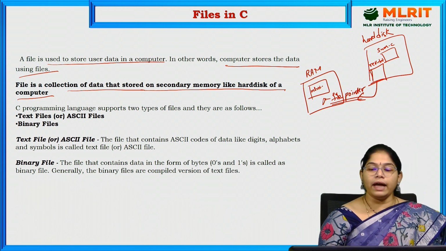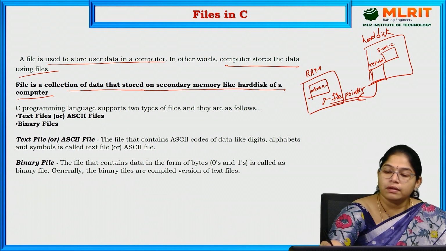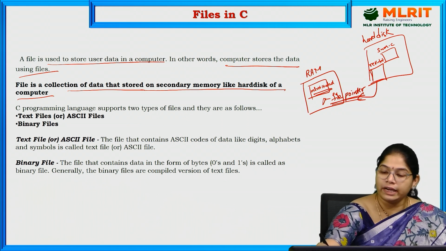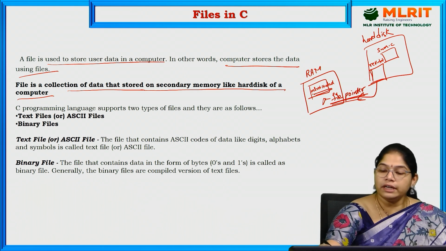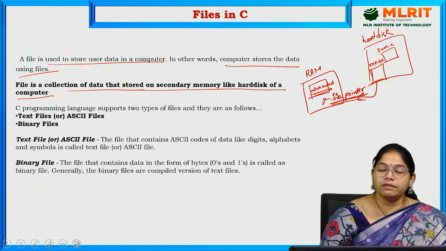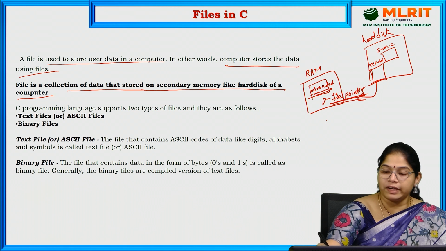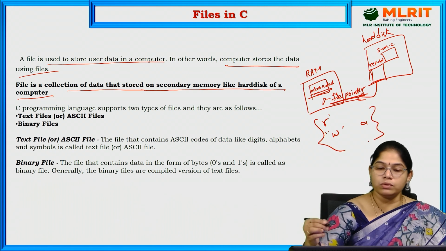If I want to add some more text to that, like MLR80 student, we need that particular text file, and to fetch that file we need a file pointer. Then by using different modes, since I already have data in it, if I want to add to the existing data, we have different modes of files like read mode, write mode, append mode. We'll discuss all the modes of the files.